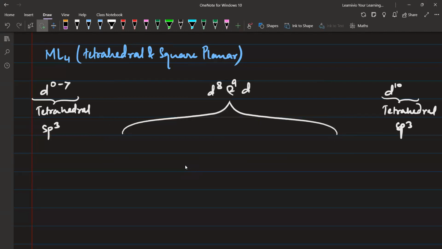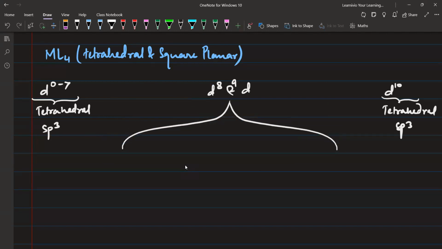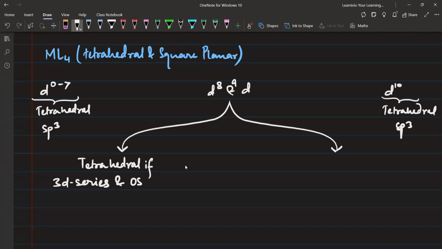Right? D8 and D9. D8 and D9, it will be tetrahedral if first it is 3D series, 3D series का होना चाहिए, and oxidation state should be +2. पहले तो ये देख लो.